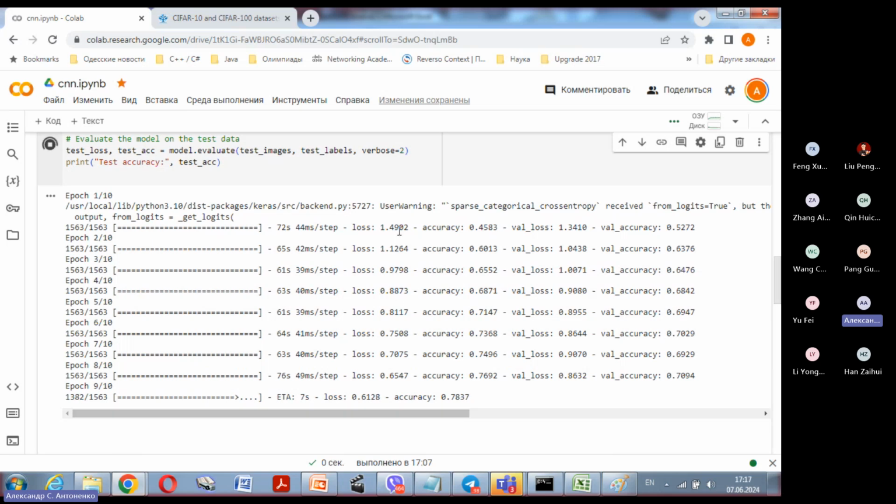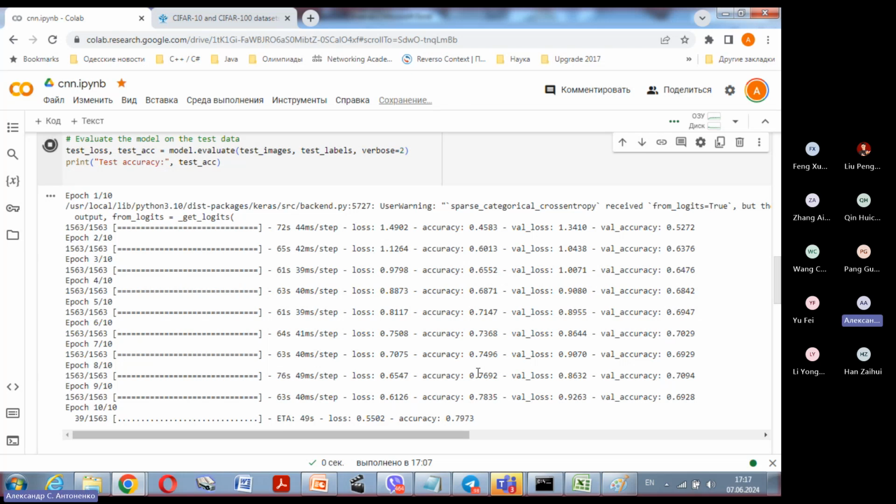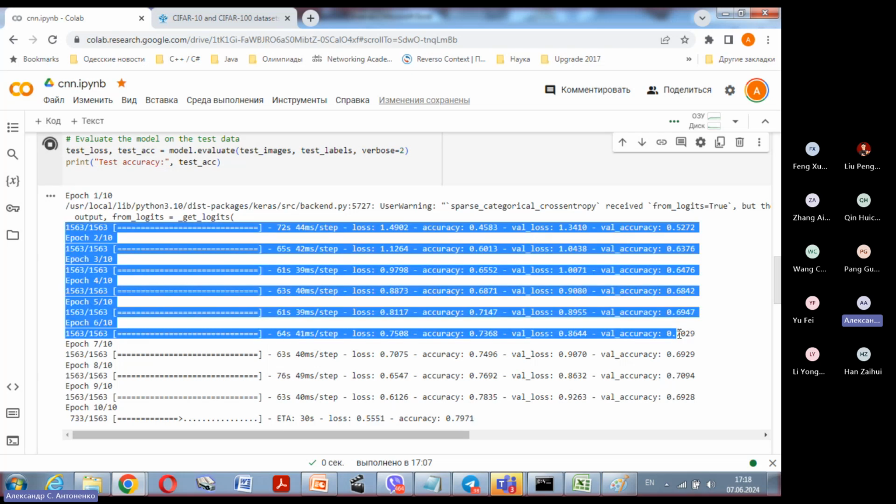What I can say is that the loss function constantly decreases and accuracy constantly increases. It is good, but not all is so good, because if we look at the validation data, so I use my test set for validation, we see that at first everything goes very well, and our accuracy goes to 70% on the validation set.